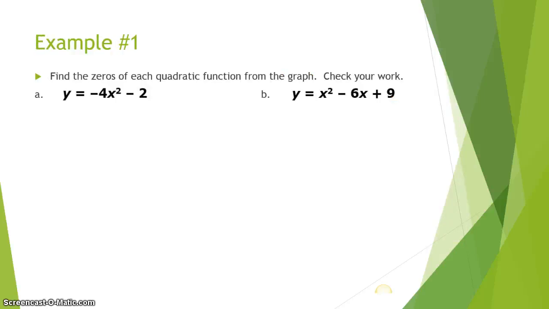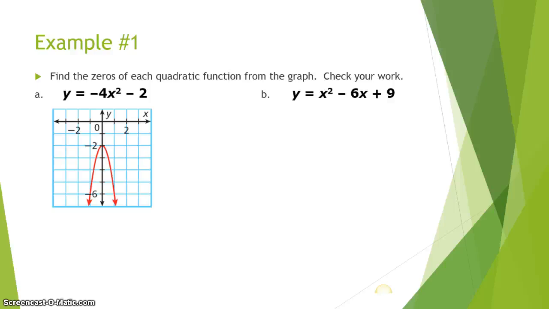Here's our first example. They want us to find the zeros of each quadratic function from the graph. Check your work. So for a, we have y equals -4x squared minus 2. In order to find my zeros, I'm going to graph this. You can create an XY chart, but for this one, they'll provide you the graph.